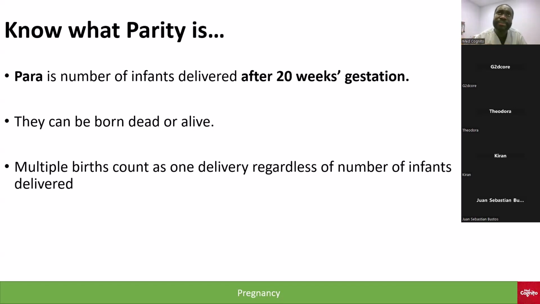So I have a question. If you have a patient who is coming to you and has never been pregnant before, how will you classify that patient? Can someone either say it or text it? A, multigravida.